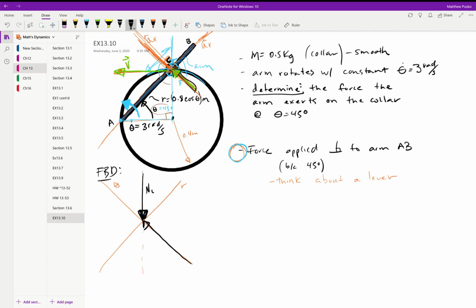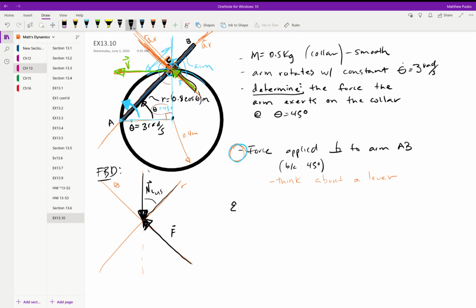Let's call that F. And if that's 45 degrees, that makes this 45 degrees. So when we break it up into components in the radial direction, we'll have a component of the normal force in this direction, and the force applied is actually directly in the theta direction.